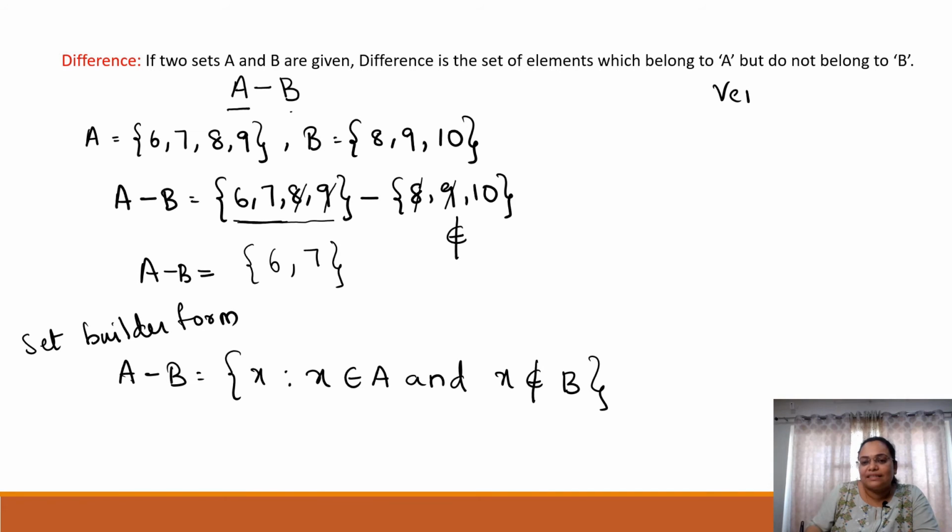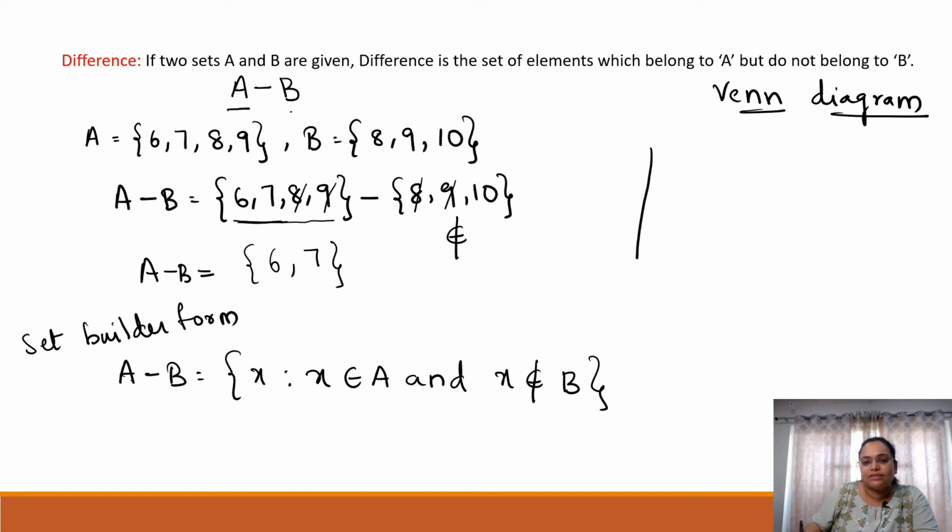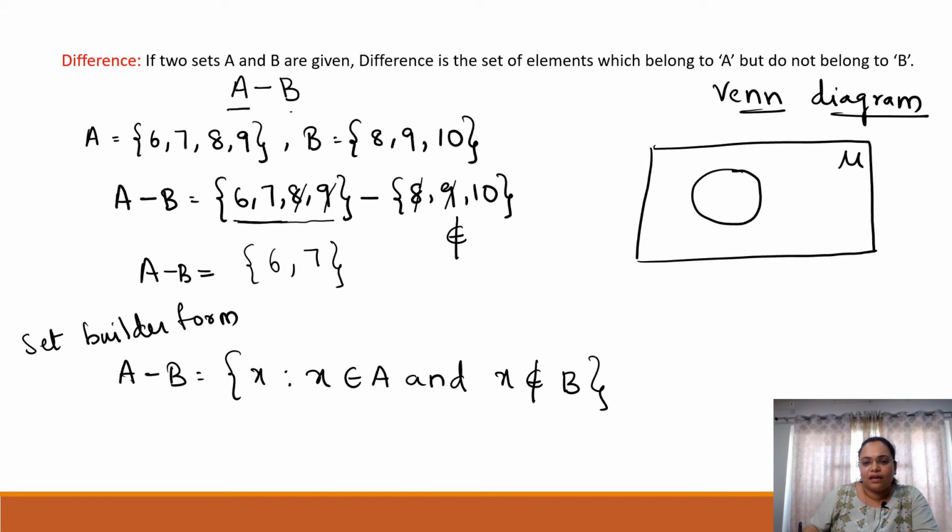How do we represent it in the Venn diagram? So this is your universal set. This is A and this is B. A has 6, 7, common 8 and 9.